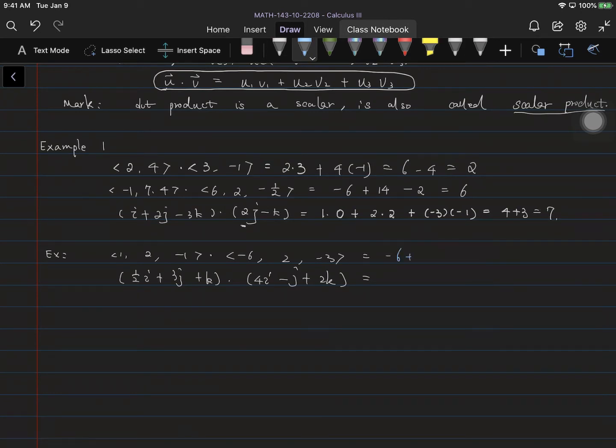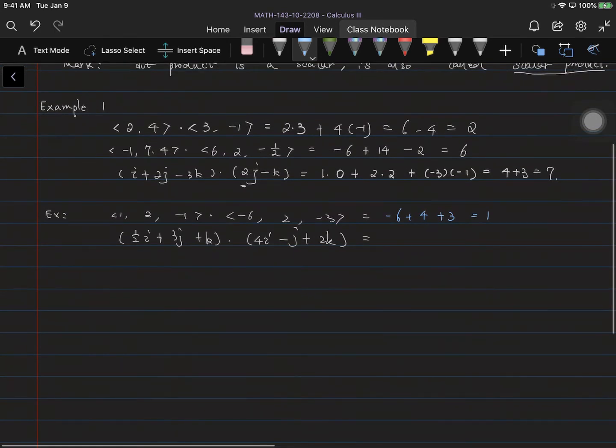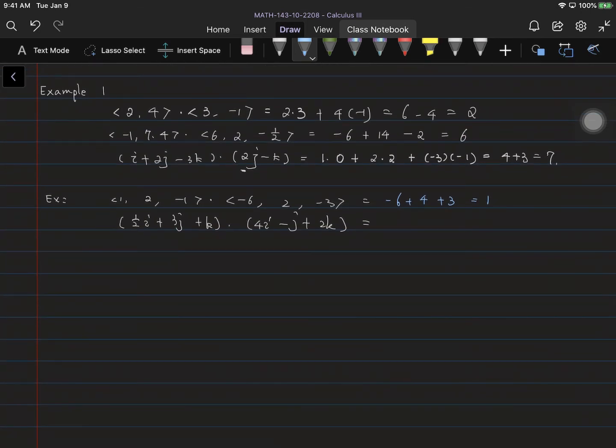Negative 6 plus 4 plus 3, and 2 plus 3, so it should be 1. Is that right? Yeah, okay. And next, this is 1/2 times 4, which is 2, minus 3, and plus 2. So it should be 1.